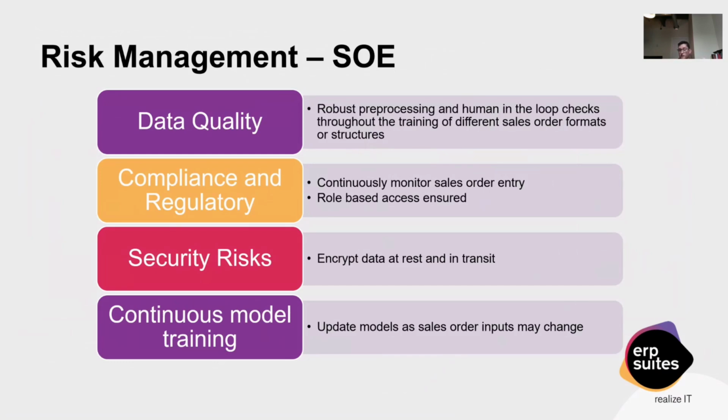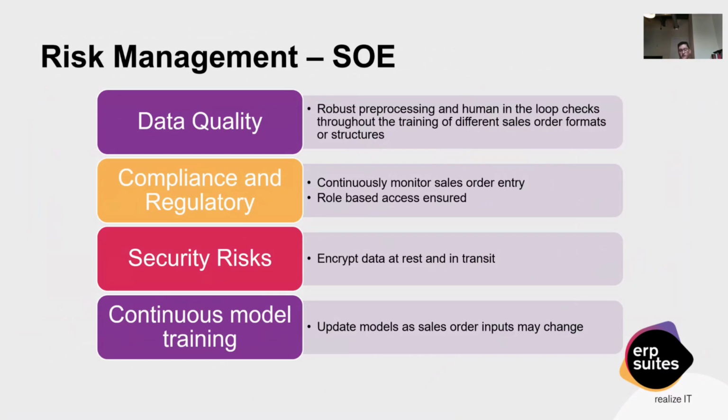Continuously monitoring the sales order entry, making sure it's correct, making sure there's role-based security. That's a big one before even implementing the solution, making sure only certain people have access to certain tables, especially when you start to build it out into uploading expense reports, invoices, or other areas of the business that you can think of. It's very important that security and compliance are in line there. And then the big one, right?